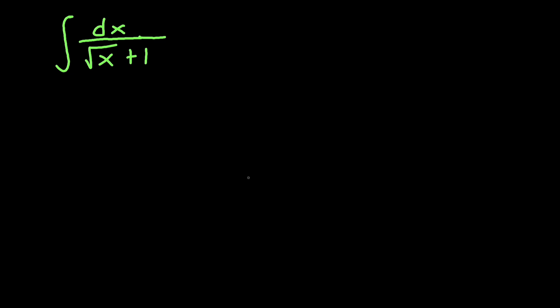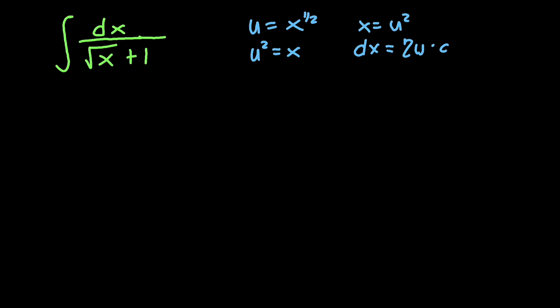The integral of dx over the square root of x plus 1. So, let us substitute u here. u here would be equal to square root of x, or x raised to the power of 1/2. And so, let us square both sides, so it would become u squared equal to x. And so, since x here would be equal to u squared, taking the derivative of this, the derivative of u squared would be equal to 2u multiplied by du.